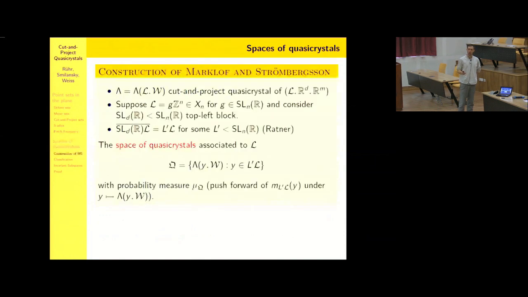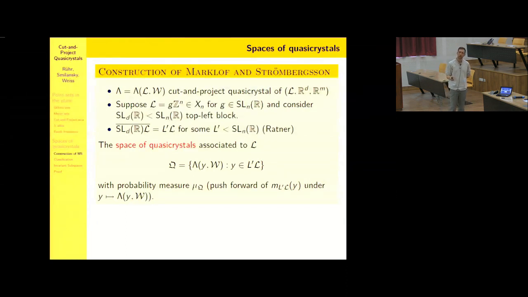Okay, so the plan is to tell you what a random cut and project set is. Marklof and Strömbergsson have this wonderful idea of taking the SL_d(R) action on the physical space.